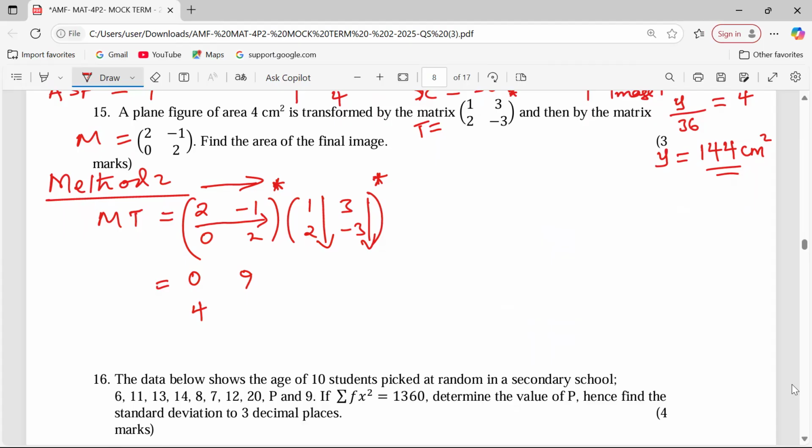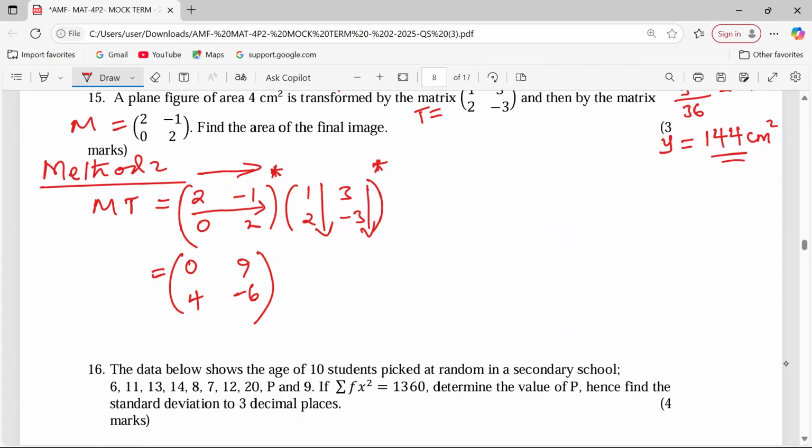Then finally, we are talking about 0 by 3 and 2 by -3. This becomes 0 plus -6, and we have a -6 here. So this now, one matrix, can represent the two successive matrices up there.